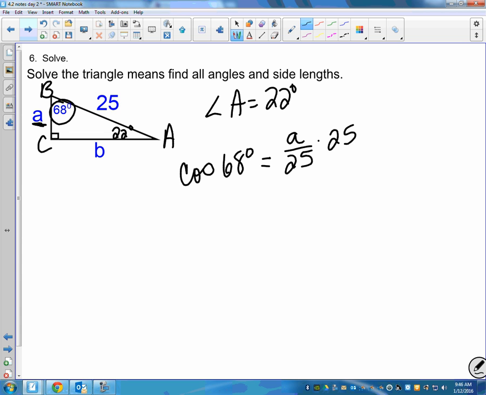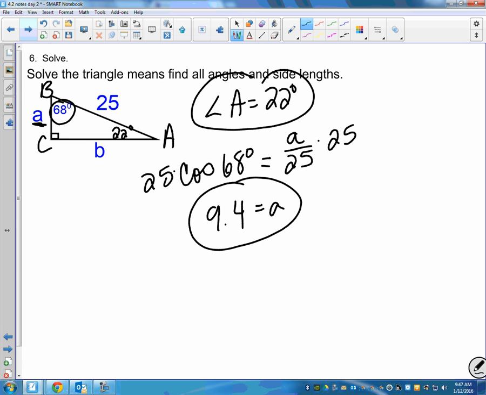So I'm going to multiply both sides by 25, make sure I'm in degree mode, and type that exactly in my calculator. 25 times the cosine of 68 in degree mode, I get 9.4. So I found angle A, I found side a.